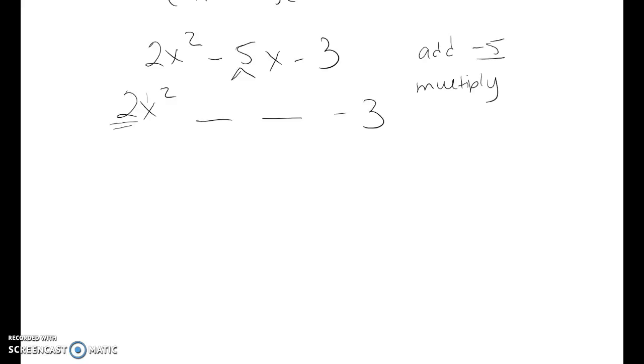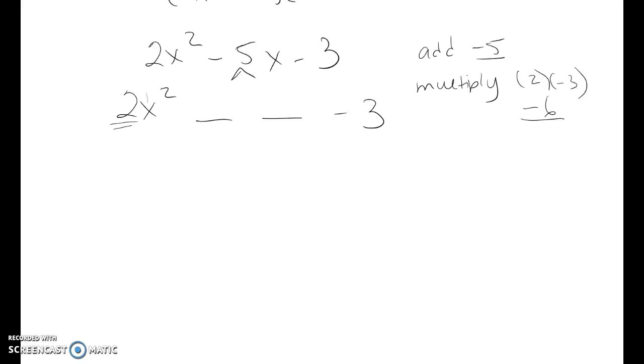So if there's a number in the front, you need to think, not just multiply to make -3, but multiply to make 2 times that -3. So I'm trying to multiply and create a -6. I'm going to start with that. What times what is 6? Well, I could do 6 times 1, or 2 times 3.